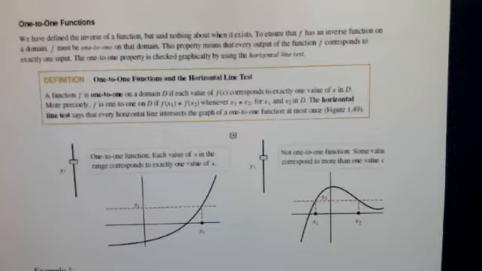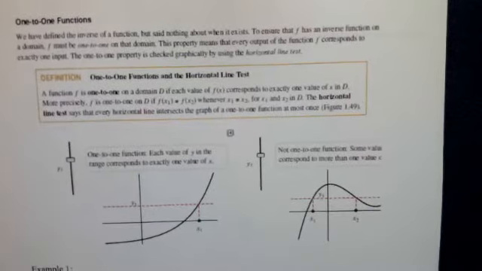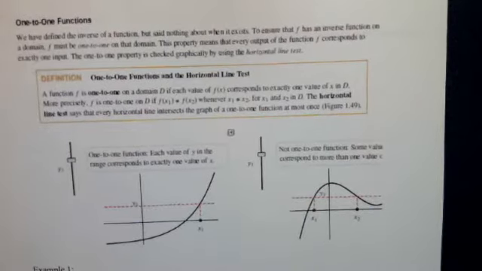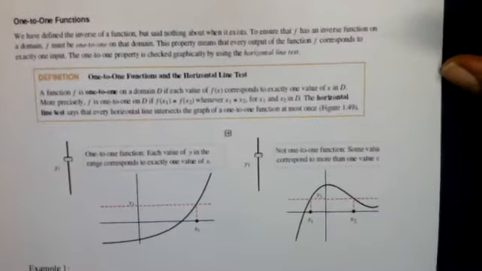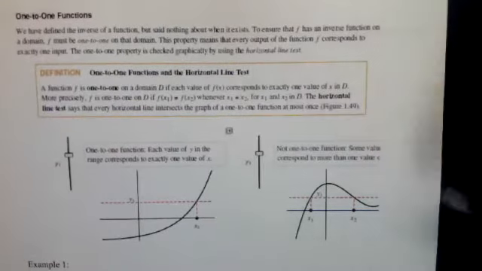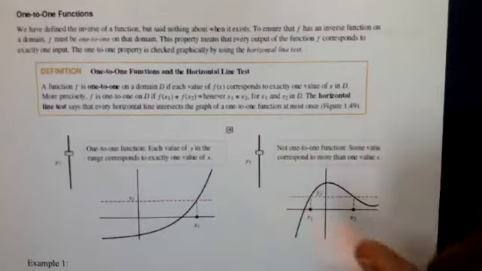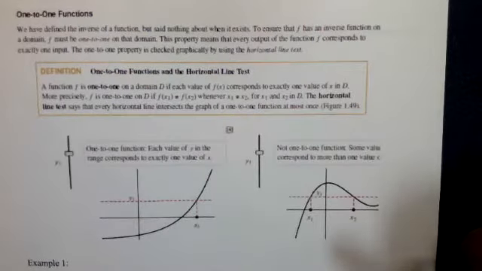Now, if we have an inverse function, we will also have something called a one-to-one function. And here's the definition of a one-to-one function. A function f is one-to-one on the domain D if each value of f of x corresponds to exactly one value of x in the domain.